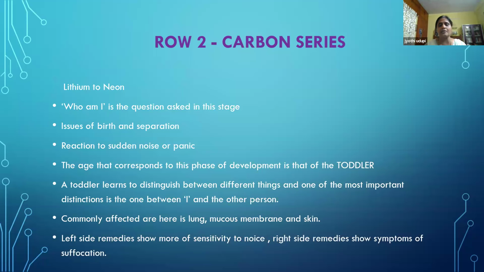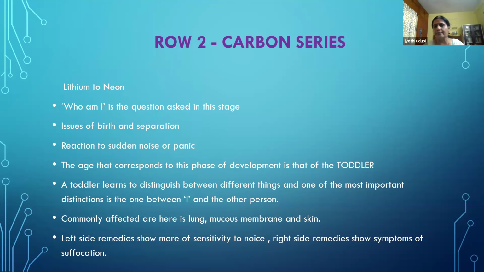The age that corresponds to this phase of development is that of the toddler. Toddler learns to distinguish between different things, and one of the most important distinctions is the one between I and the other person. Commonly affected here are lung, mucous membrane, and skin.